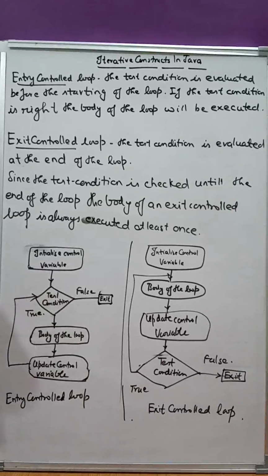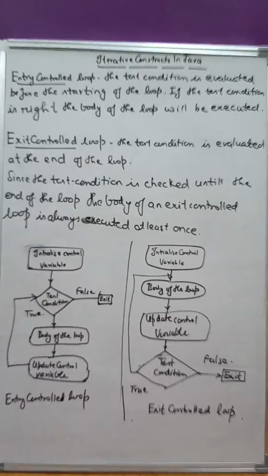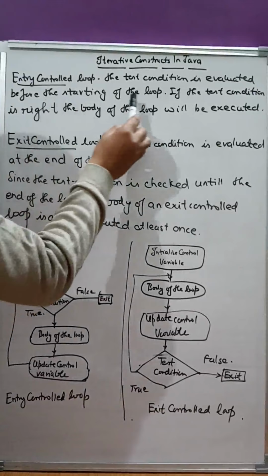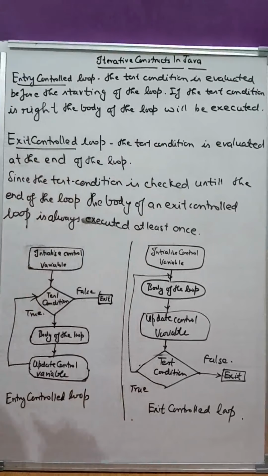The entry control loop is that kind of loop in which the test condition is evaluated before starting of the loop. See, there are many kinds of loop. Over here I am just providing you the concept for entry control and exit control.